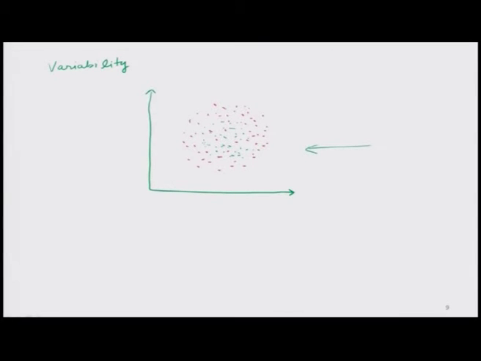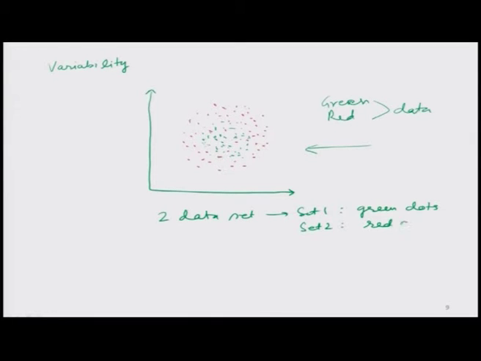One is here something like green color dots like this one, and another are red color dots. And this green color dot and red color dot, they are representing some data. So what's really happening is that I have got here two data sets. Set number 1 is supposed to be represented by green dots, means I have plotted it, and set number 2 values are denoted by red dots.